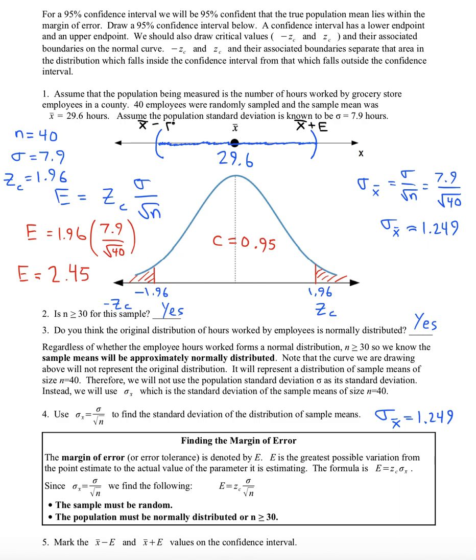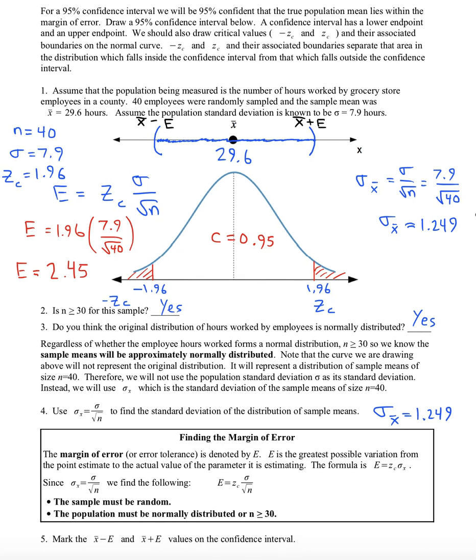And then we'll subtract the margin of error from our sample mean to get the left endpoint. The right side of our confidence interval becomes 32.0. And the left side becomes 27.2.